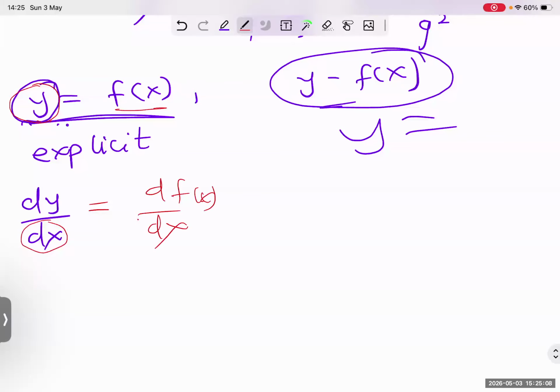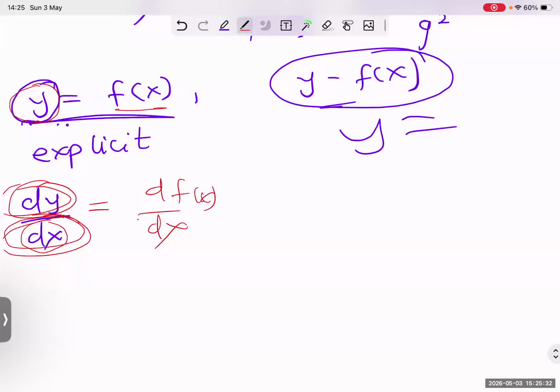All right. So for the left-hand side, the y here means we are differentiating variable y. The x here means that we are differentiating everything with respect to x. So the numerator indicates the type of variable you are differentiating. The denominator tells you the variable with respect to which you are differentiating.